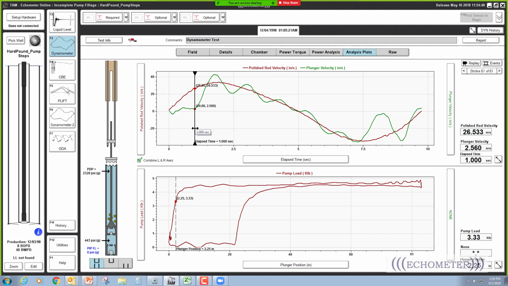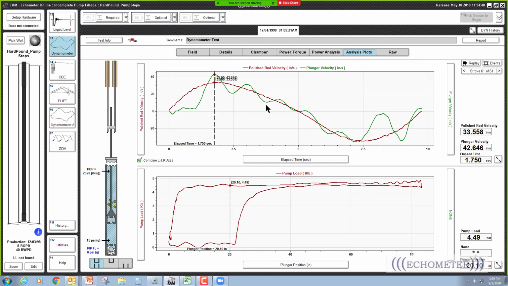The plunger velocity in the first second is close to 0, and then right here the plunger takes off, starts to move as the traveling valve, the standing valve starts to open, and it quickly speeds up. At that point right there, the plunger is moving up faster than the polish rod velocity.